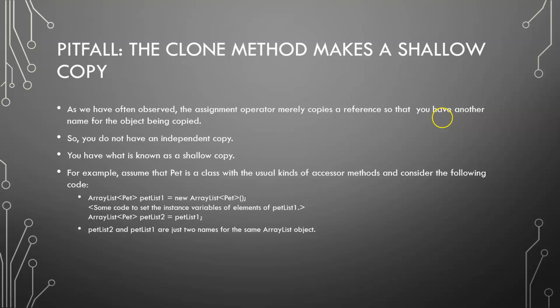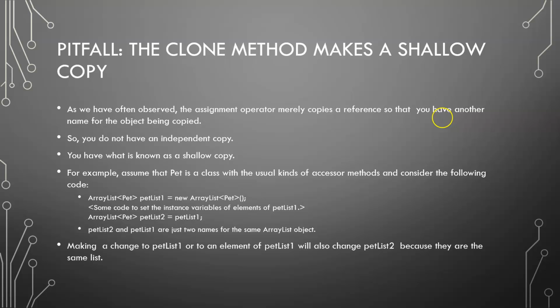ArrayList<Pet> petList1 = new ArrayList<Pet>. Some code to set the instance variables of the elements of petList1. ArrayList<Pet> petList2 = petList1. petList2 and petList1, in this case, are just two names for the same ArrayList object, right? Because we pretty much just copied the reference.